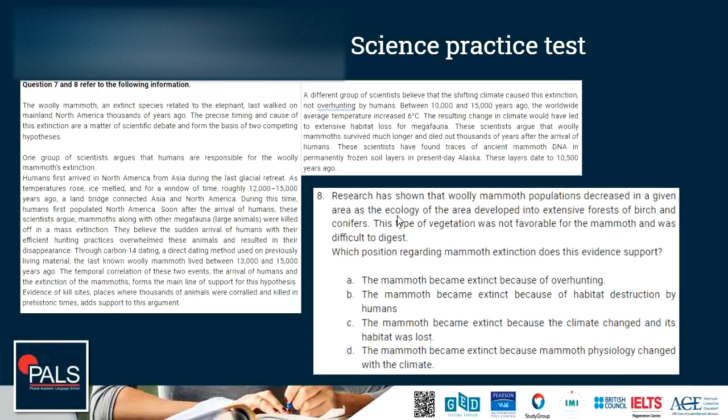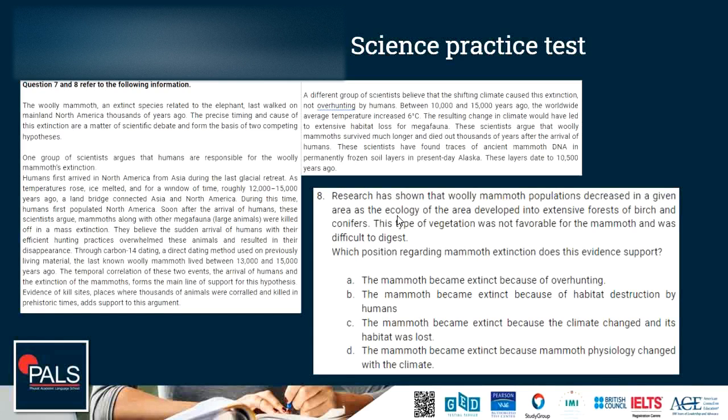Mammoths are huge, they need a lot of food, and they need to be able to digest their food very well to get the right amount of energy out of it. If that's not the case, then an animal like this would probably just starve, basically. So which position regarding mammoth extinction does this evidence support? Basically just answered that by putting the paragraph in the right place.